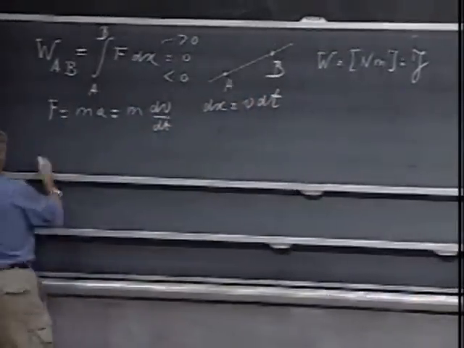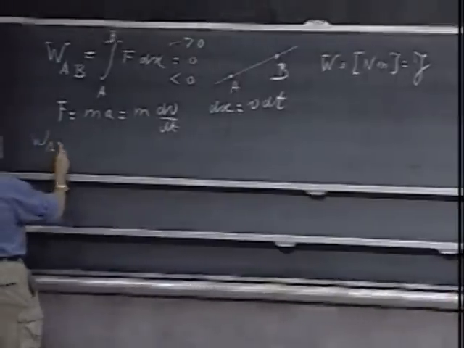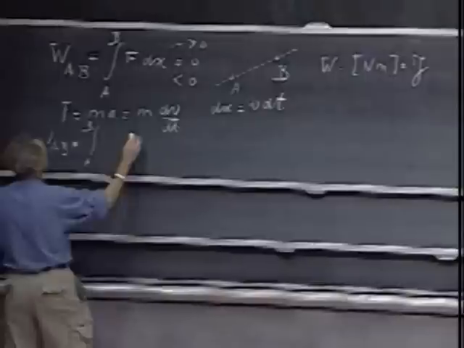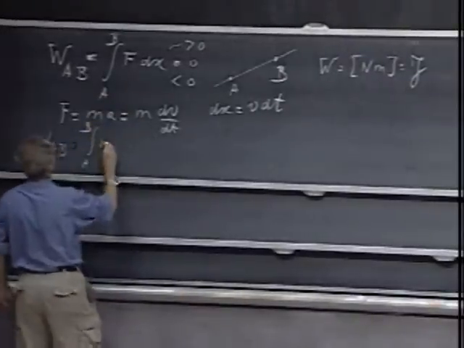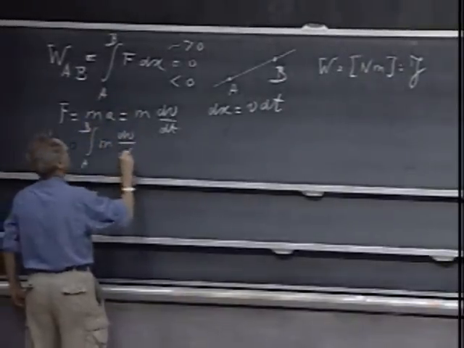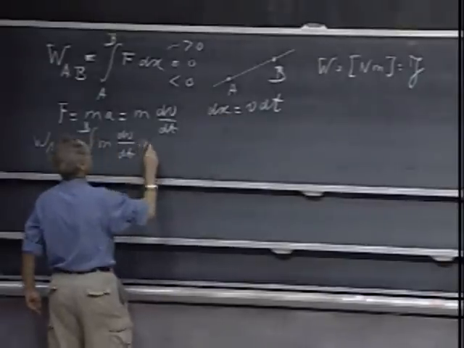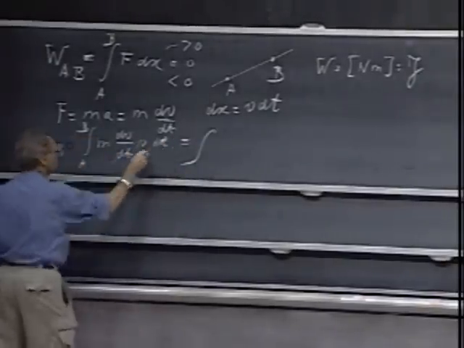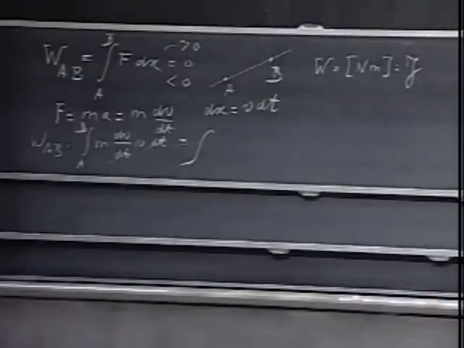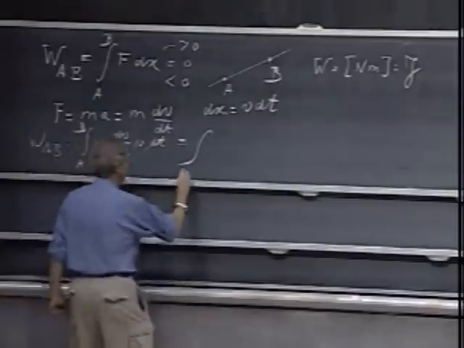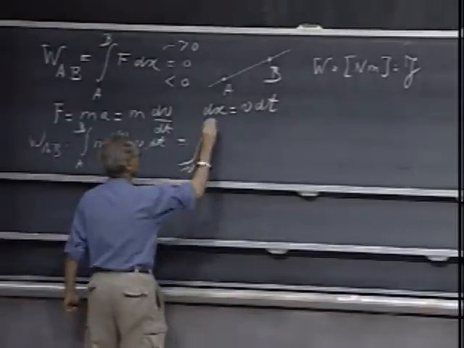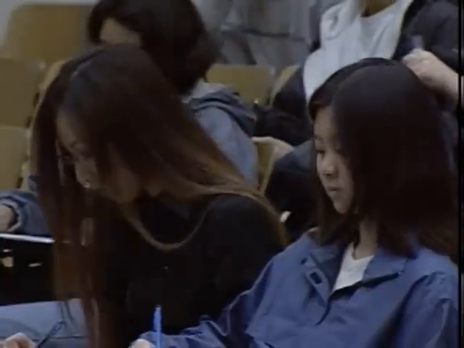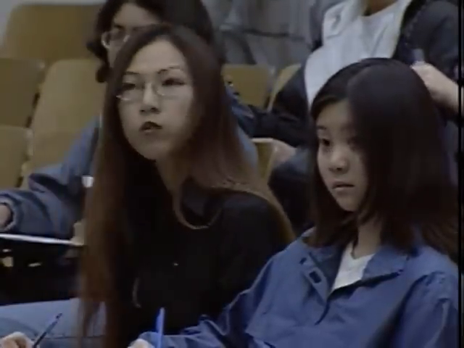I substitute that in there, so the work in going from A to B is the integral from A to B of the force, which is m dv/dt, times dx, which is v dt. And look what I can do. I can eliminate time, and I can now go to an integral over velocity, from the velocity VA to the velocity VB, and I get m times v times dv.